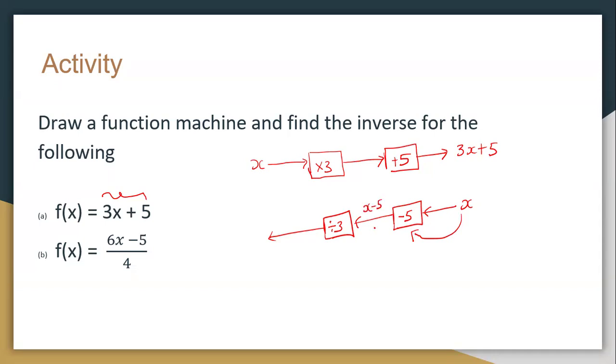Good. When you enter here, what was our output? x minus 5 divided by 3. And this is our f inverse of x. Very good. Thank you. That is correct. Thank you, Faith.